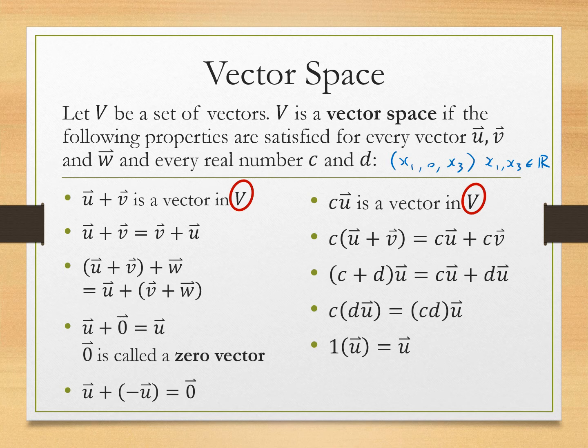Now, notice this example. This is a vector with three numbers, but it's not any three-dimensional real vector, because in this case I am constraining the number in the middle to be 0, right? So x1 and x3 can be any real numbers, but x2, the number in the middle, is always 0. This is a three-dimensional vector.